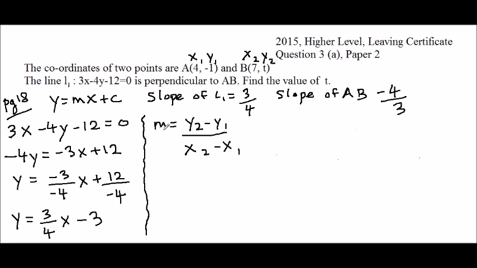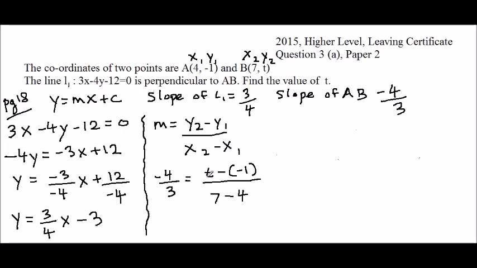Well, m we know is the slope, and our slope of AB is minus 4 over 3, is equal to y2, t, minus y1, which is minus 1, so it's in brackets, over x2, which is 7, minus x1, which is 4.